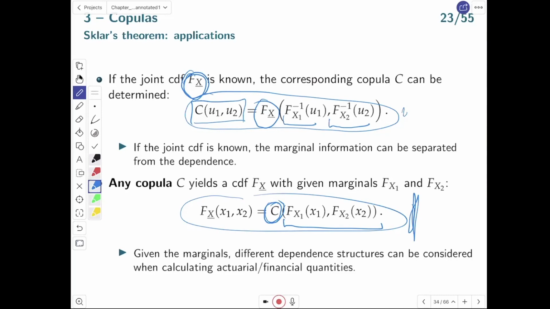What are the bad dependence structures? In what dependence scenarios will I lose a lot of money? In what dependence scenarios are we quite comfortable for the future, right? So the copulas will allow you to generate different joint CDFs if I already know the marginals, right?